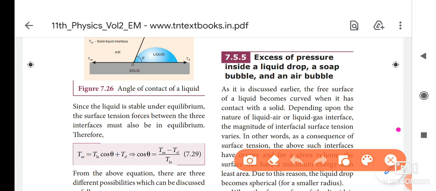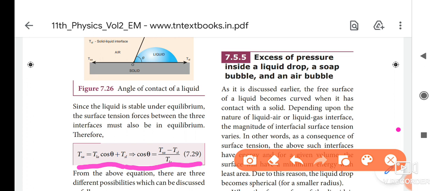So see the equation here: TSA equals TLA cos theta plus TSL. That is, the surface tension of solid-air equals the tension of liquid-air times cos theta, which accounts for the angle between solid and liquid, plus the solid-liquid tension.